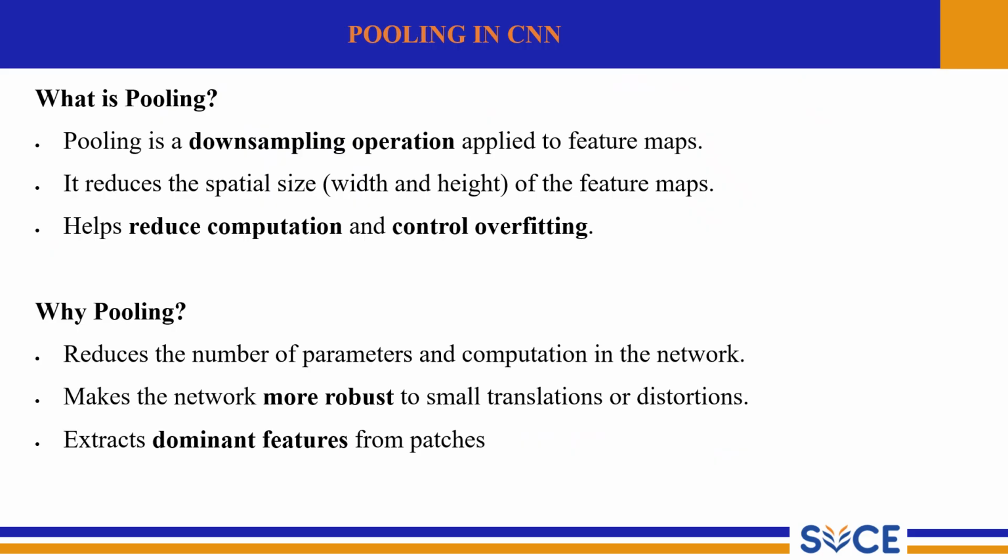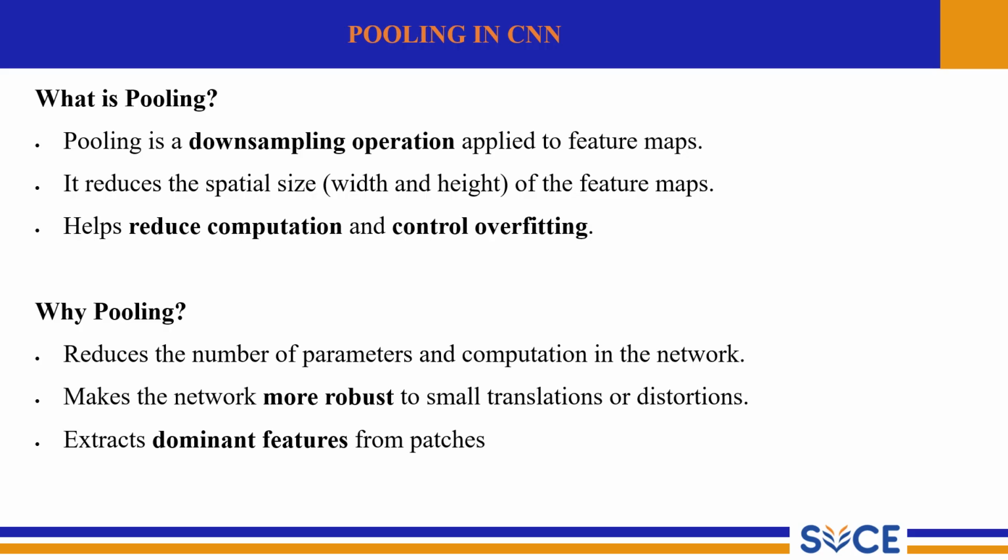Pooling in CNN. Pooling is a downsampling operation applied to the feature maps generated by convolutional layers in a CNN. In simple terms, it reduces the width and height of these feature maps while preserving the most important information. By doing so, pooling serves multiple purposes.